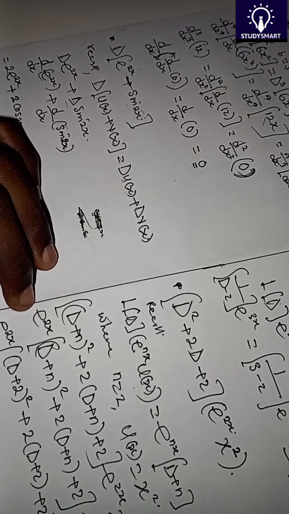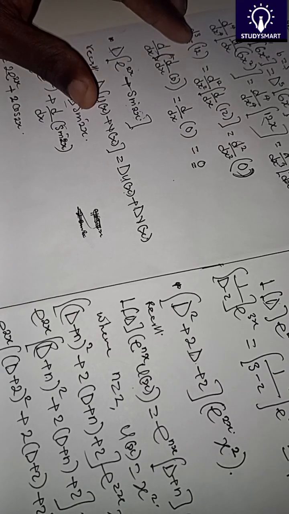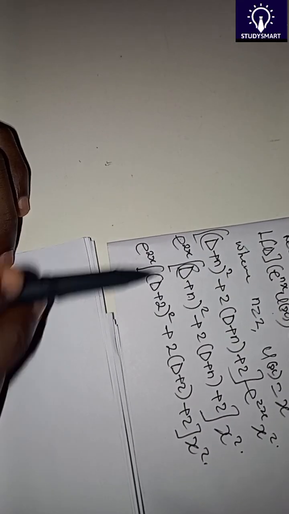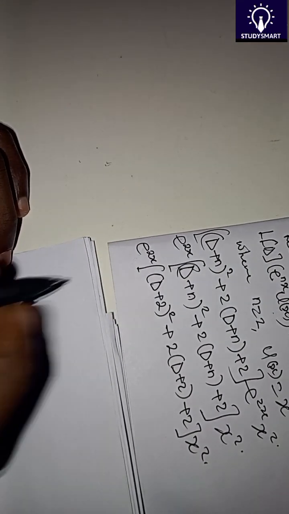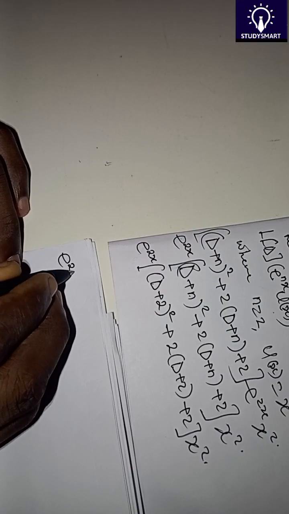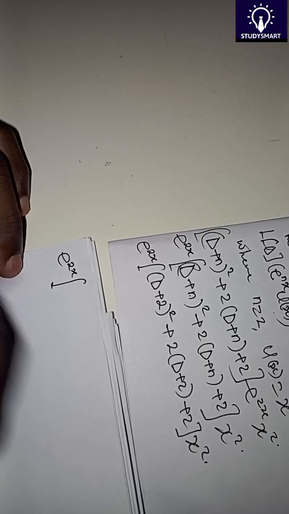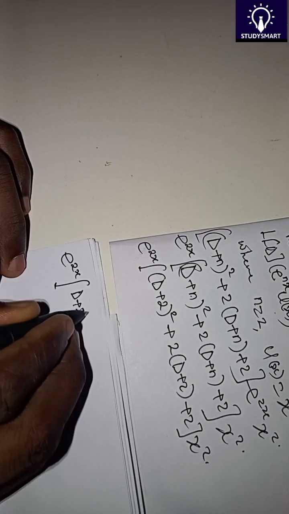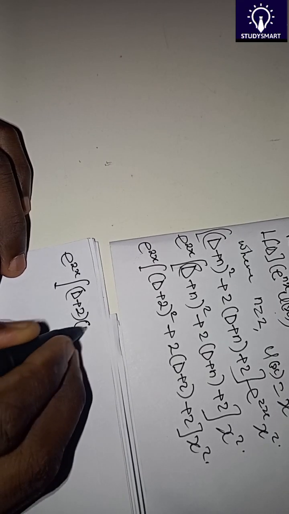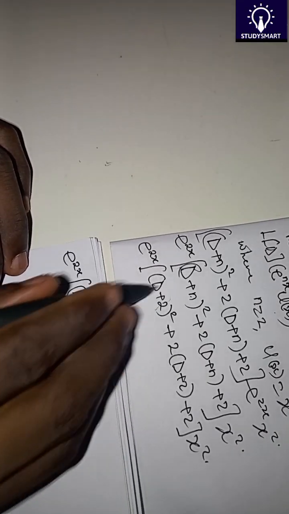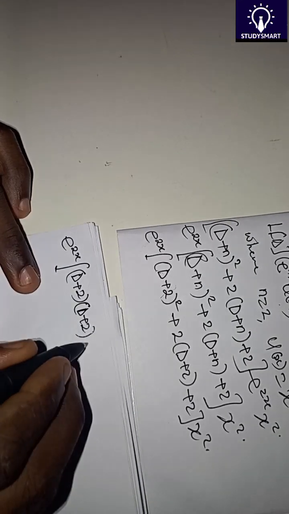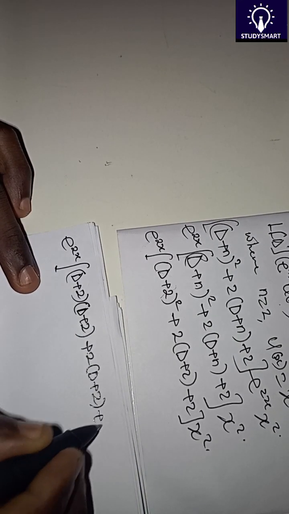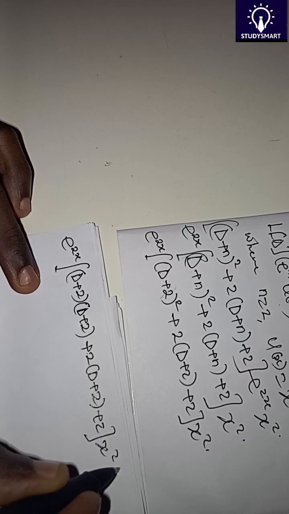If I open up this bracket, I'm going to obtain exponential 2x, and this becomes d plus 2 times d plus 2, because it's appearing twice here. Then I have 2 into d plus 2, then plus 2, x to power 2.